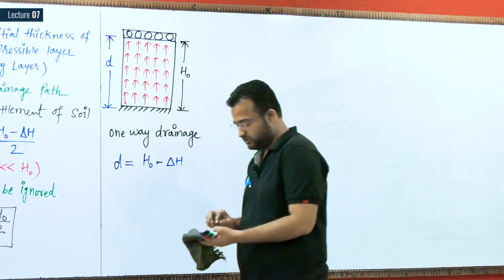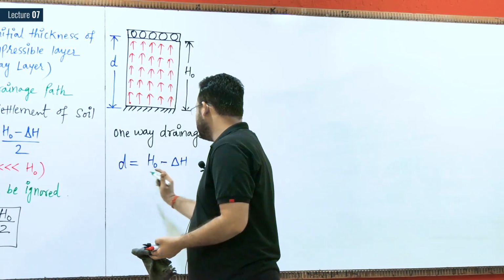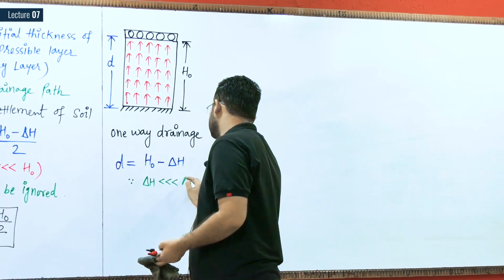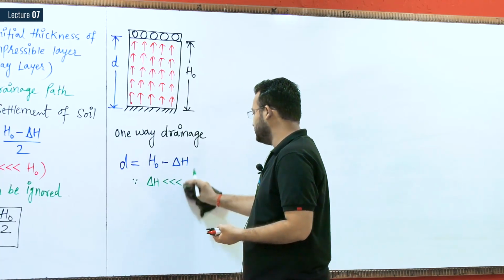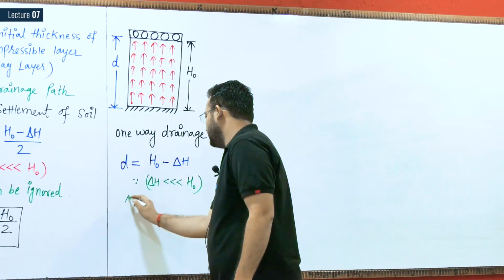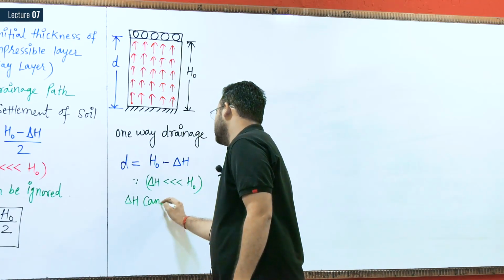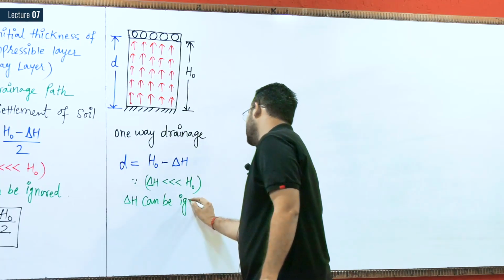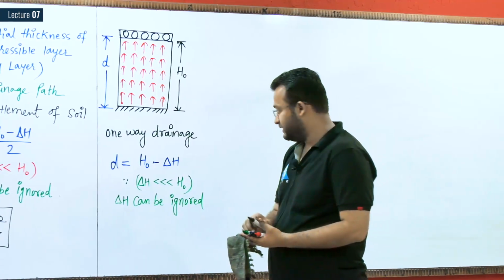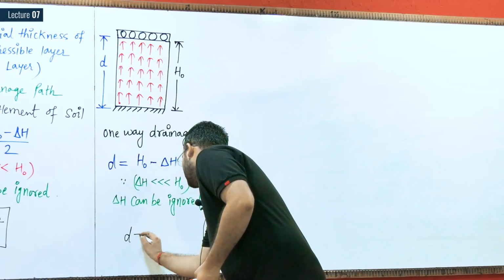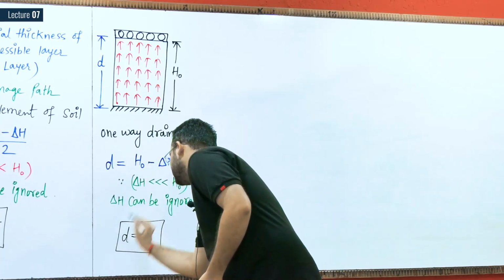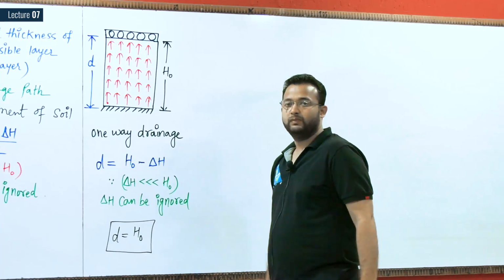But again, since delta H is very small compared to H0, it can be ignored. If we ignore delta H, the final value of D is equal to H0. So this is the drainage path in the case of one-way drainage.